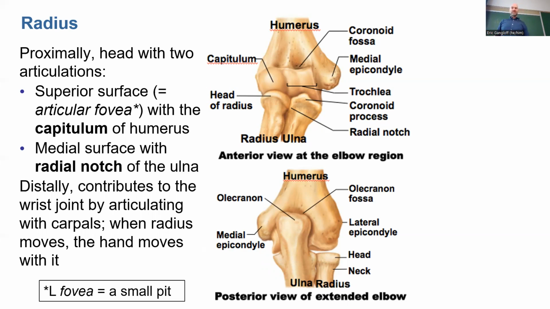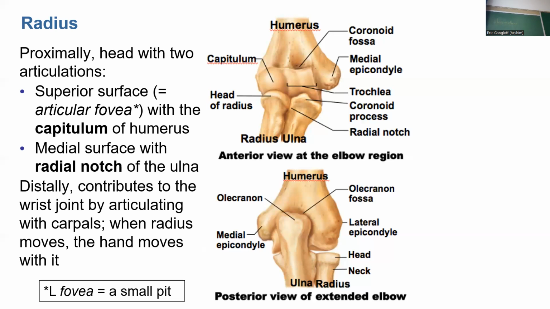And what's cool is that the head of the radius is this circular head, and that allows that joint to rotate. And so what we have here is this hinge joint with the ulna and the humerus that provides this movement.